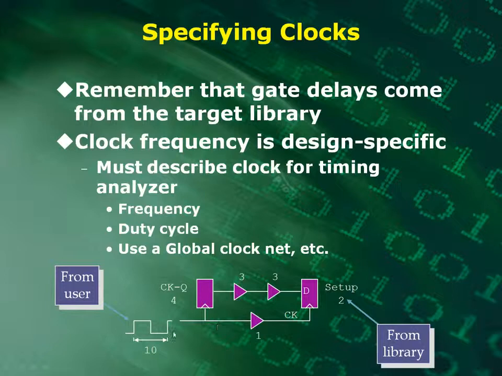When it has all of this information, it's going to be able to calculate whether it can meet timing from one clock to the next, whether the clock to Q plus all the delays of the logic plus the input setup time will be met.